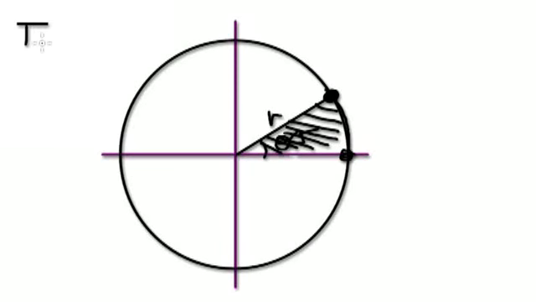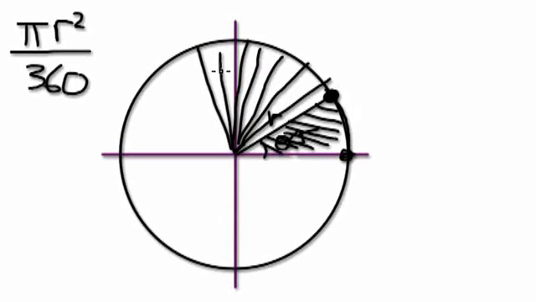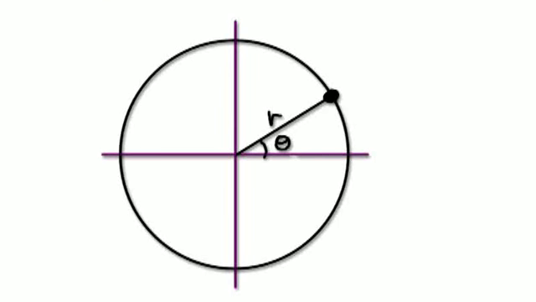So you would do this: pi r squared, and then cut it into 360 equal pieces. So what you're doing is you're cutting it up into 360 equal pieces here. Okay, so this here would represent one piece here, and because you swept through an angle of theta, you would then times theta.